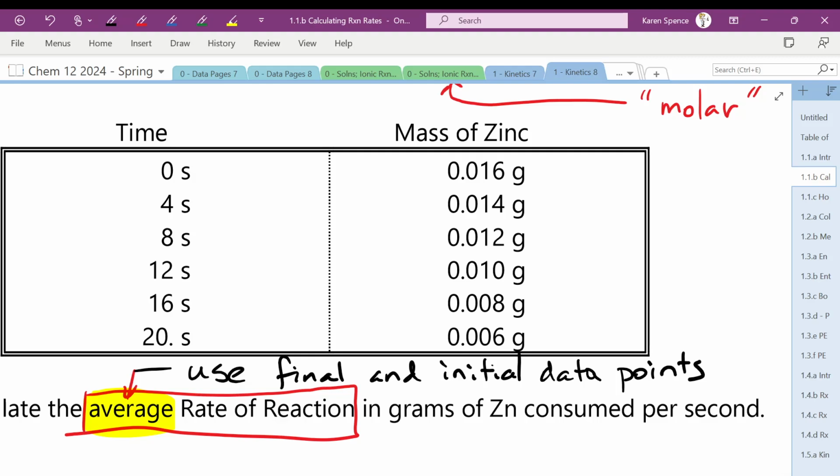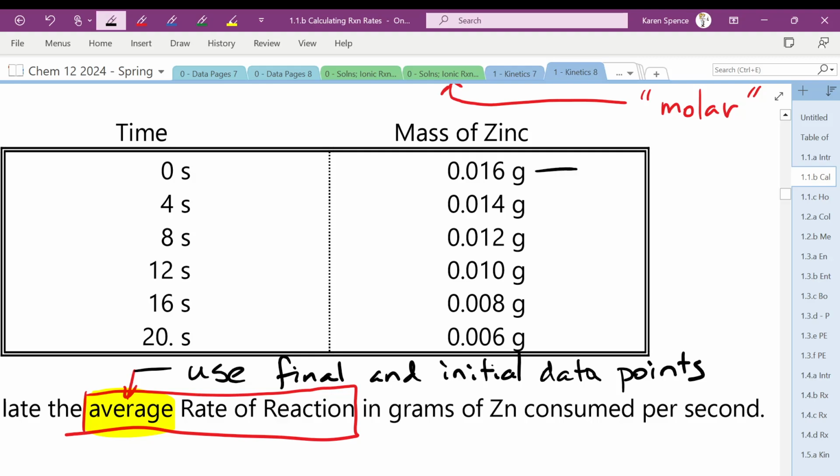What if I said, though, find the average rate between 4 seconds and 16 seconds? What would you use? The 4-second data point and the 16-second data point. But if you're just asked for the average, you're going to use the final and initial.